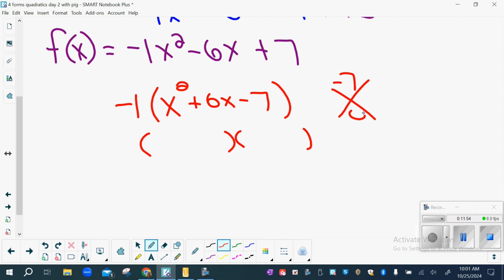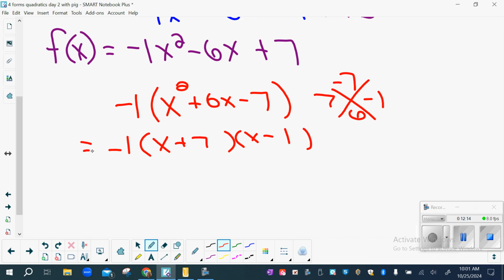That is awesome. But some of you are getting good enough at this that you don't use your little x guy. So I think it's going to be 7 and -1. Does that seem right? So don't forget that -1. He doesn't go away because we're not solving. We're just factoring. X plus 7, x minus 1.